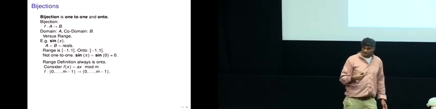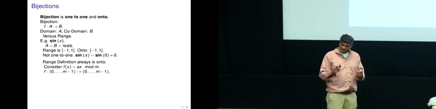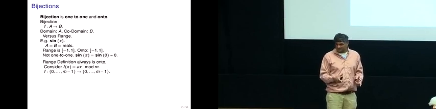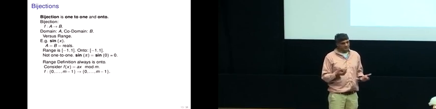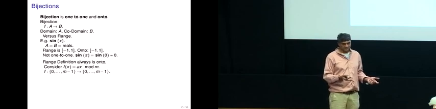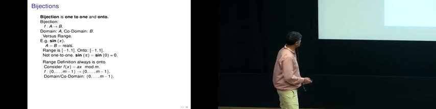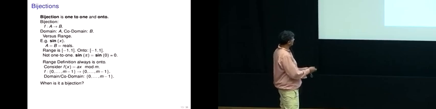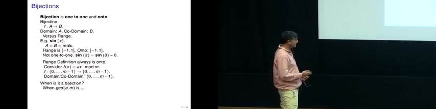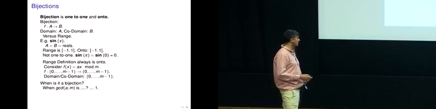Now why is it onto? Because the domain and the codomain are the same size. They're all the elements from 0 to m-1, the equivalence classes. So the codomain and domain are 0 to m-1, and it's a bijection when the GCD of a and m is 1.